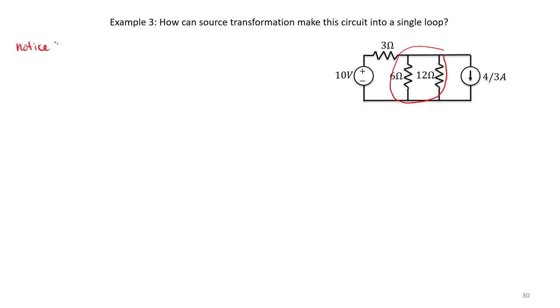Notice the 6 ohm and 12 ohm resistors, these are in parallel. So the first thing I can do is let's combine those to get a single equivalent resistor.